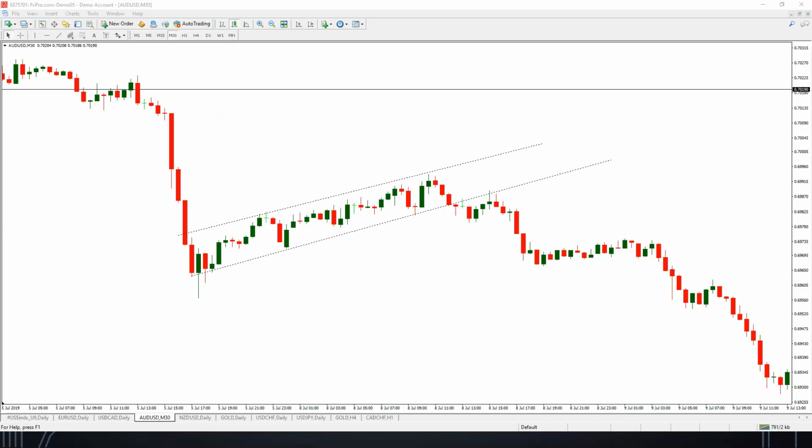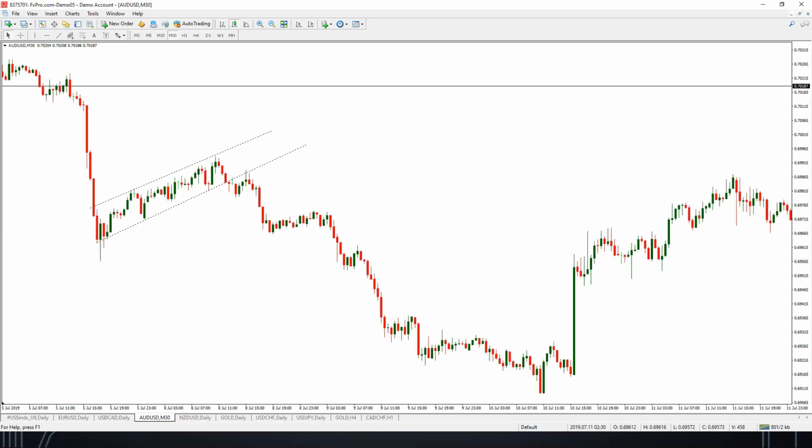You won't get anywhere. Now look what happened after it broke that H1 trend line. Let me zoom out. Look what happened. Let me put the daily separators here. Look what happened. Monday, prior to Monday close, market tumbled.